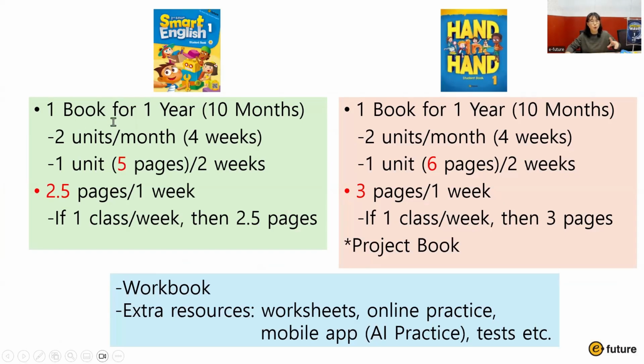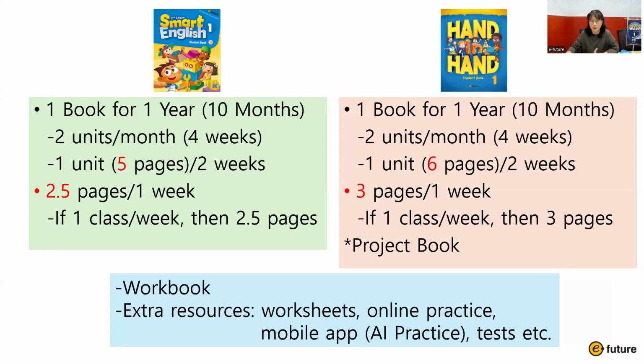So if you use one book for 1 year, that's most of the cases, right? Let's say there are 10 months in 1 year. I mean, there are 12 months, but there's also vacation and all these other things. So we can just say that there are 10 months in a school year. So you use one book for 10 months.